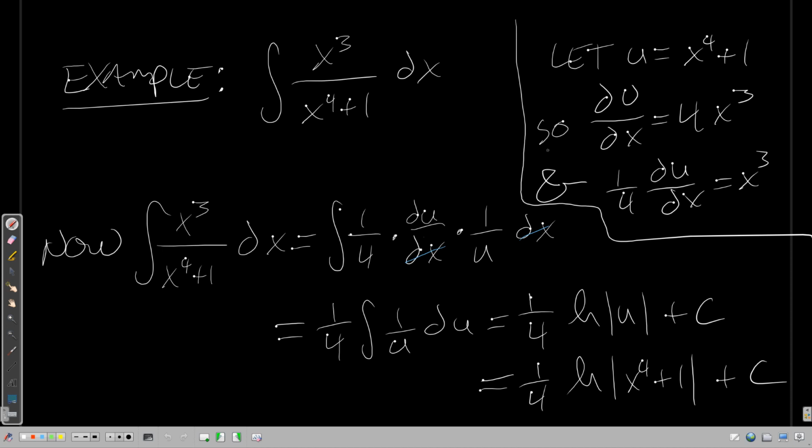For example, here I've let u be the thing in the denominator. Then the derivative of that denominator is here. So this constant 1/4 times the derivative of u is my numerator.